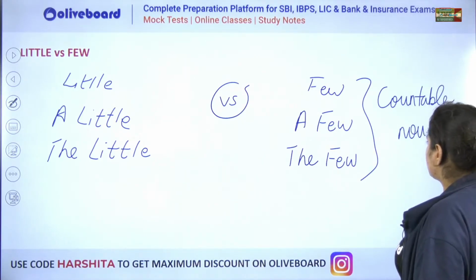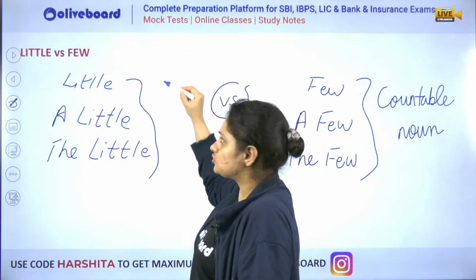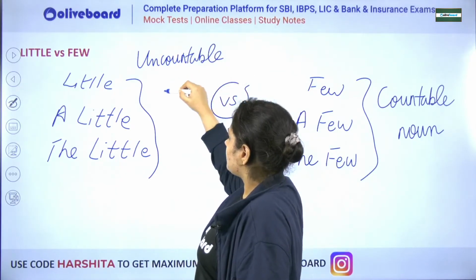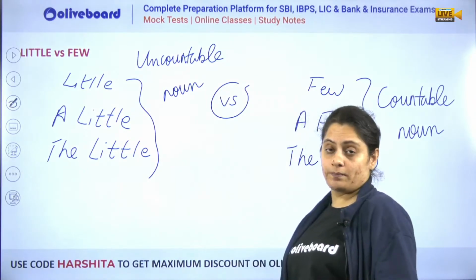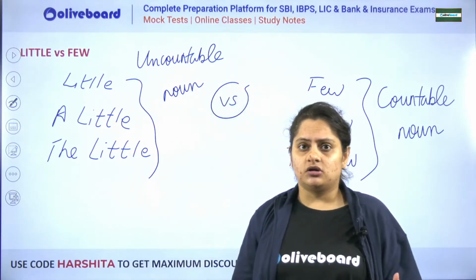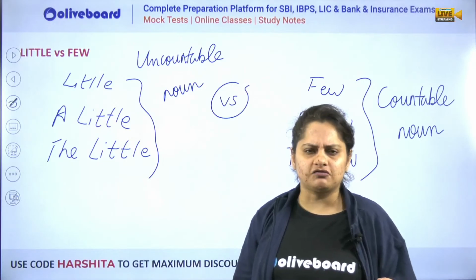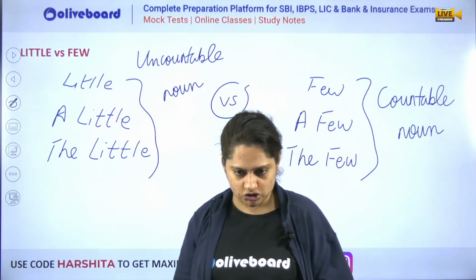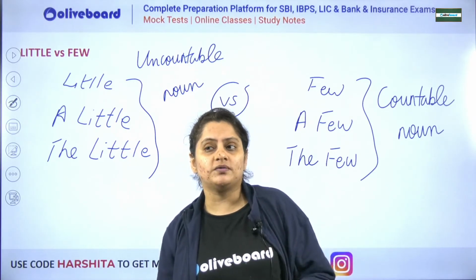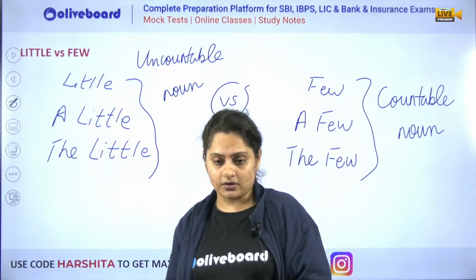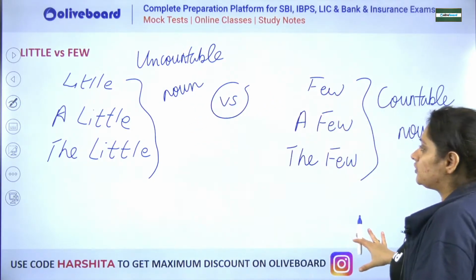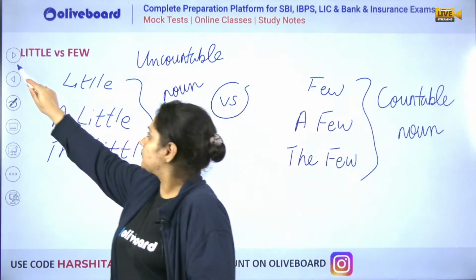And these three are always used for clearly uncountable nouns. If I say little hope, little hope is there, close to zero hope. Hope is an uncountable word. Little information, or a little information means some, थोड़ा बहुत information है, but information is uncountable, so a little information. Few people have arrived. Few means close to zero, very few, very less in number. So guys, you understand this concept. For countables you have to use few, a few, the few. For uncountables, little, a little, the little.